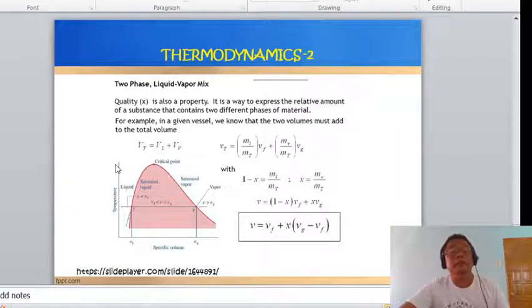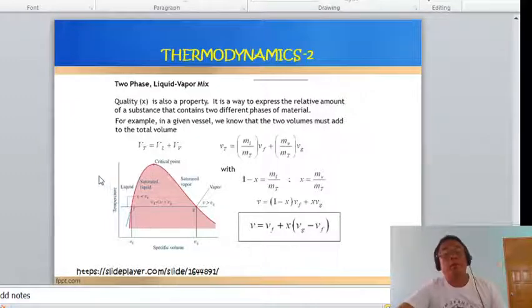You can also replace this if you want to determine the entropy: just replace all V with letter S. And for the internal energy, you replace V with letter U, and so on and so forth, class.